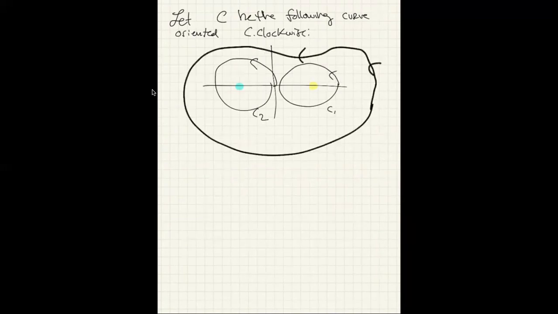So this is C. Okay, so the question is, what is the value of the work integral done over C with respect to V?